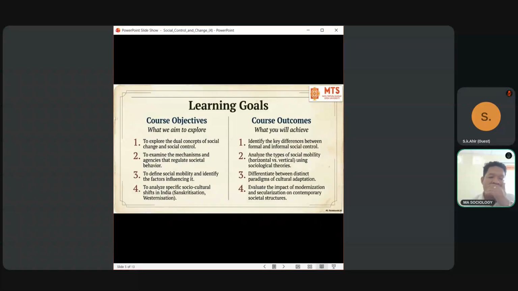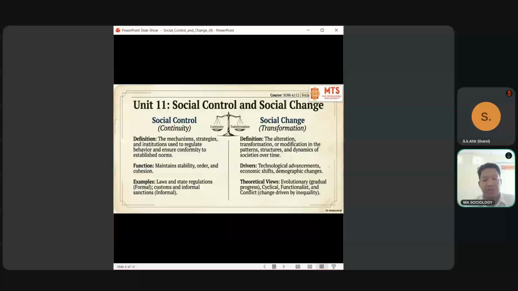Also, differentiate the distinct paradigms of cultural adaptations, and evaluate the impact of modernization and secularization on contemporary societal structures.